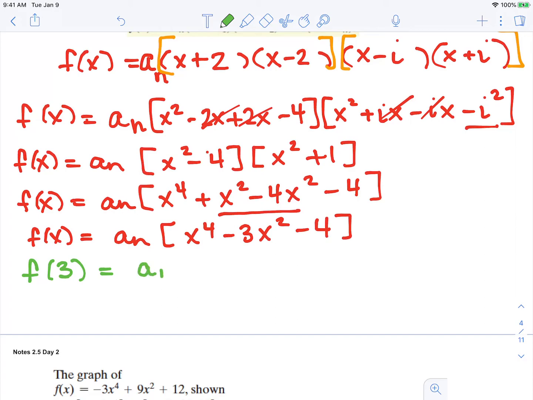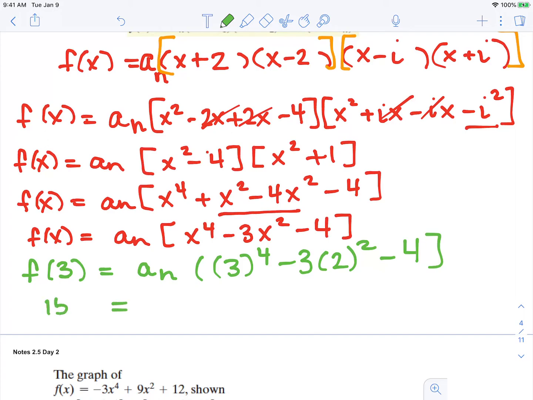If I substitute 3 in for x, I should get it to equal -150. So I'm going to set that f of 3 equal to -150.